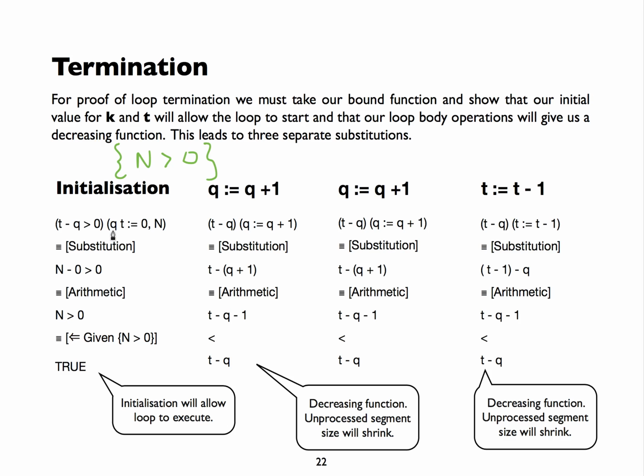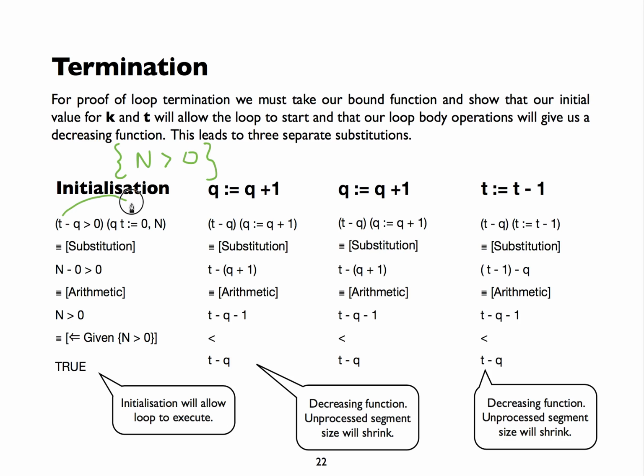So we take what we substitute q for at the beginning and we take what we substitute t for at the beginning and we put that into our initialization proof. So where there's a t, we are going to replace that with an n. Where there's a q, we're going to replace that with a 0.